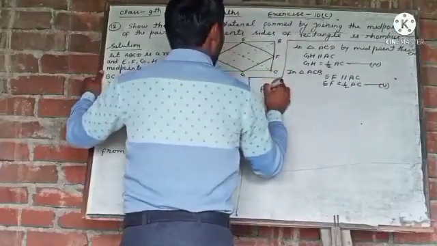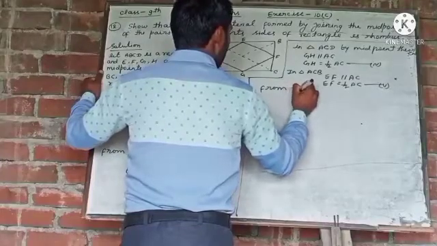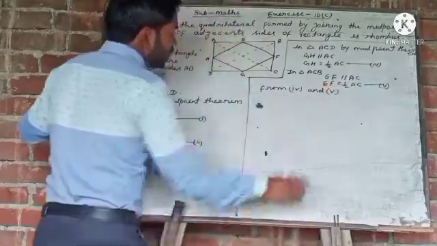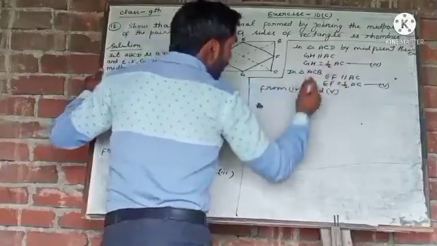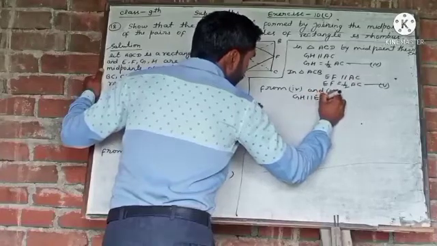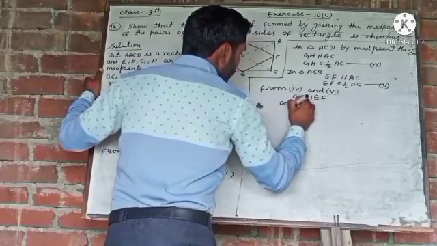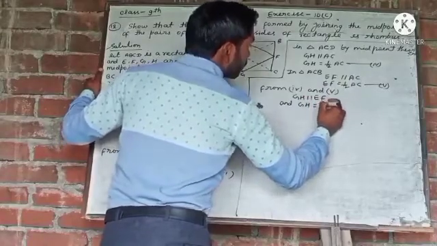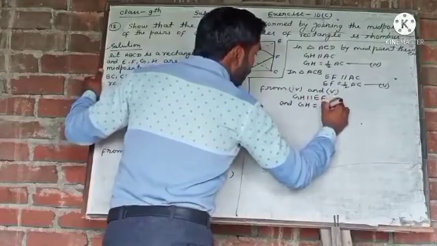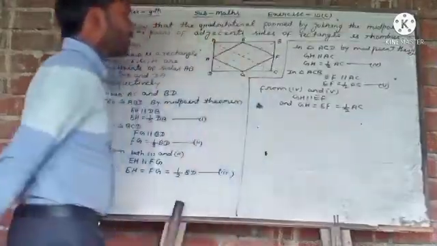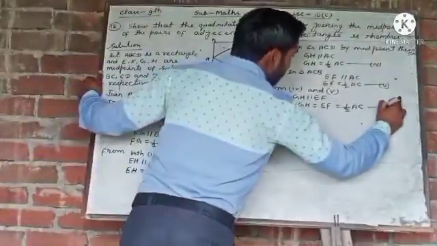So from 4 and 5, we get that GH is parallel to EF and GH is equal to EF, which will be equal to 1/2 AC. Let this be equation number 6.